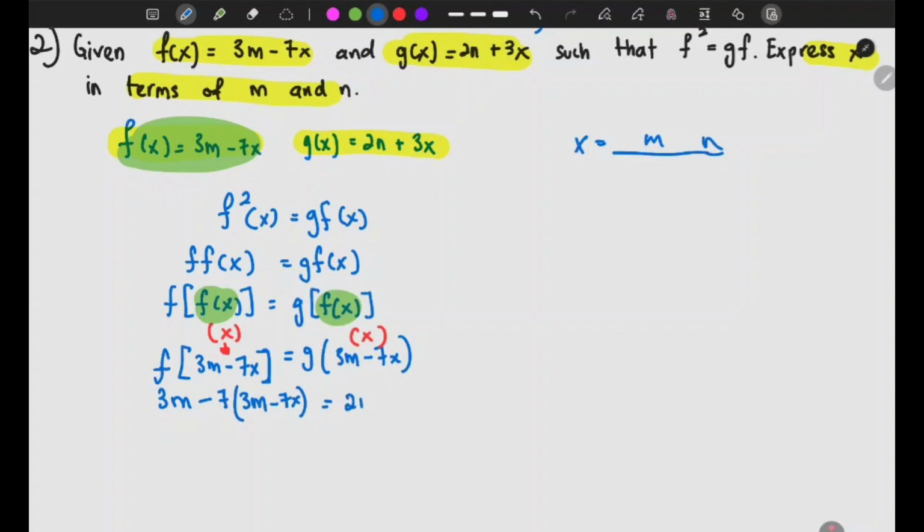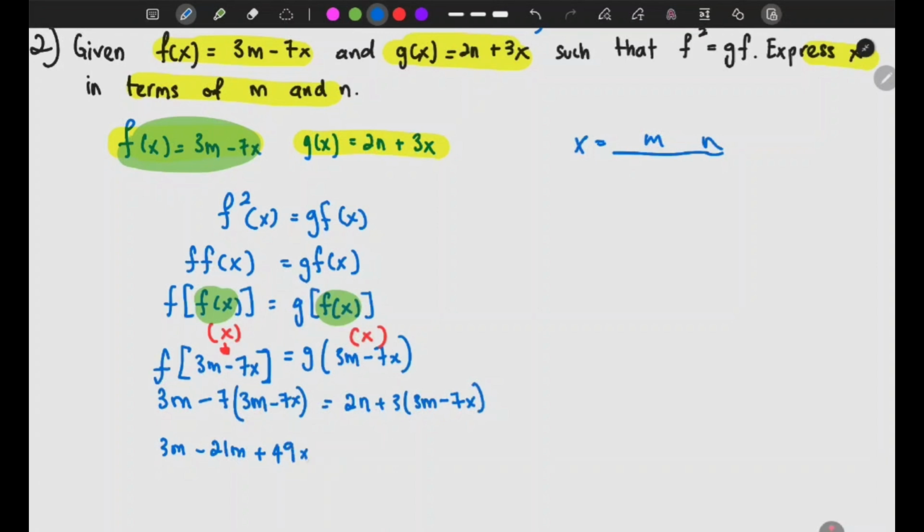Now actually you have to do expanding. 7 times 3 is 21m. Negative 7 times negative 7 is positive 49x. And 2n, 3 times 3, 9m. 3 times negative 7, negative 21. Don't forget the x.